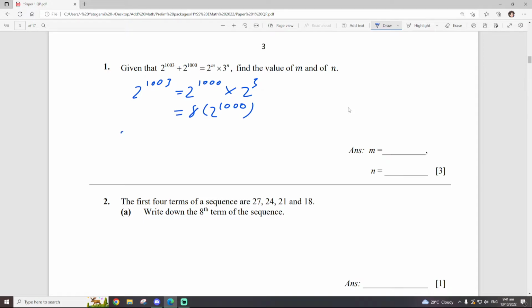Therefore, 2 to the power of 1003 plus 2 to the power of 1000 equals 8 times 2 to the power of 1000 plus 1 times 2 to the power of 1000, so 8 plus 1 is 9 times 2 to the power of 1000. 9 is actually 3 squared, right? So we actually have m equals 1000 and n equals 2.